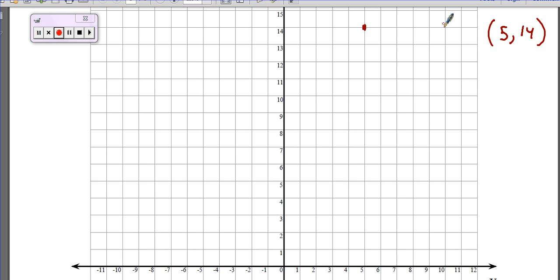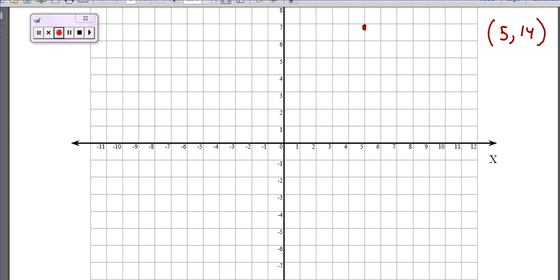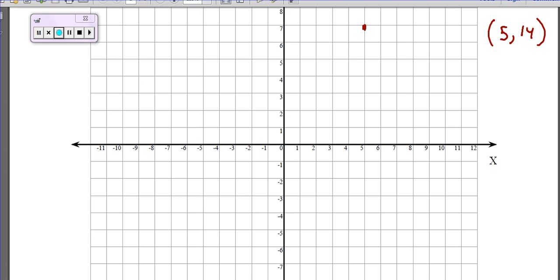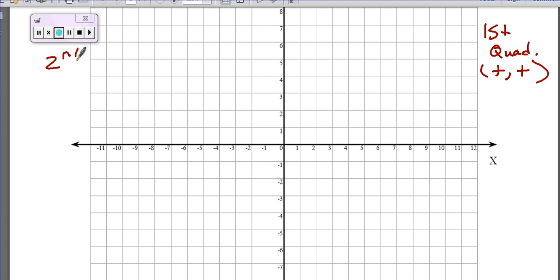Okay, so this information should be reviewed. There should not be any new stuff here. This is the first quadrant. The first quadrant is always positive, positive in your ordered pair. First number is always positive and so is the second number. This is the second quadrant.